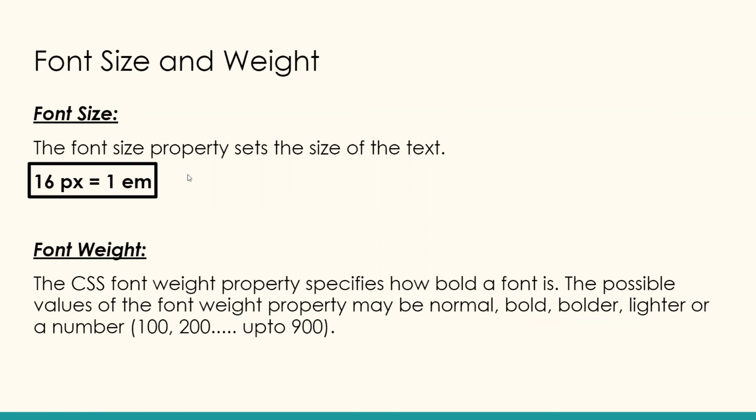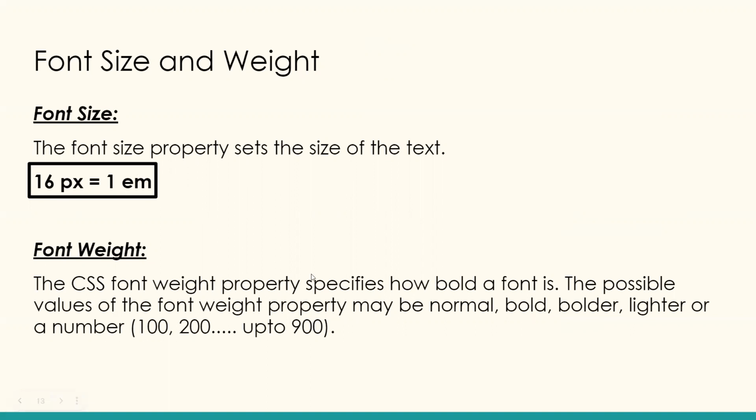So you could have 32 pixels equals 2 EM, and you can just do that yourself. I personally like to use pixels. They're just easier to use and I'm more used to it, but EM is also totally fine. If you want to do bigger text and you don't want to put as many characters or numbers, EM works great.